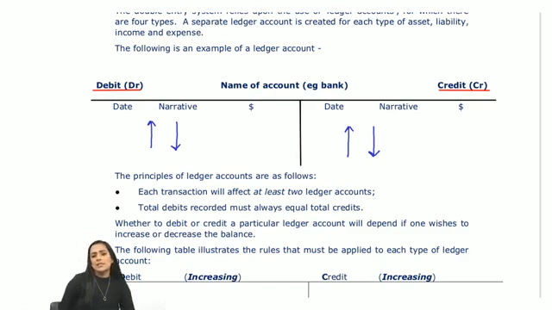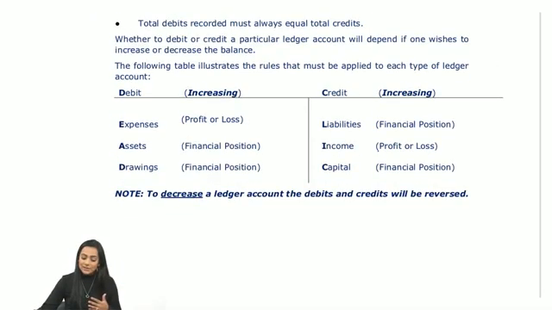So do you see that it depends on the rules of debits and credits on which side of the T account we enter these things in. And each transaction will have one debit entry and another credit entry. And they must always be equal in total.